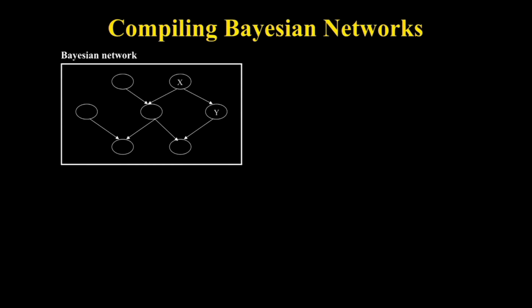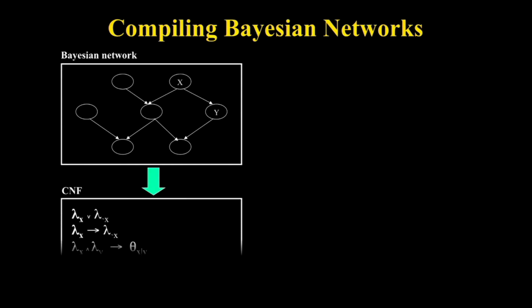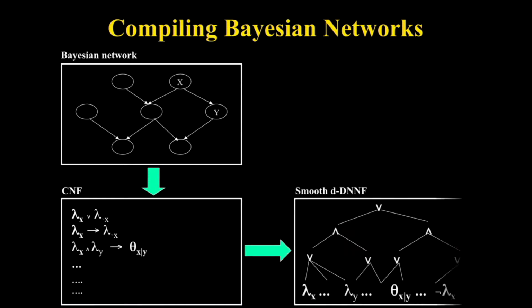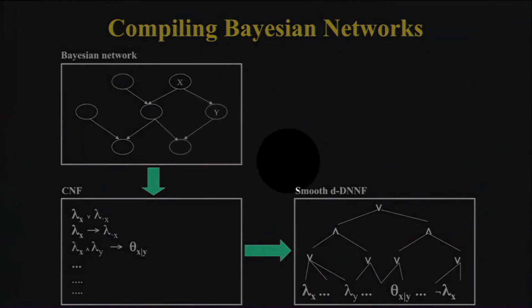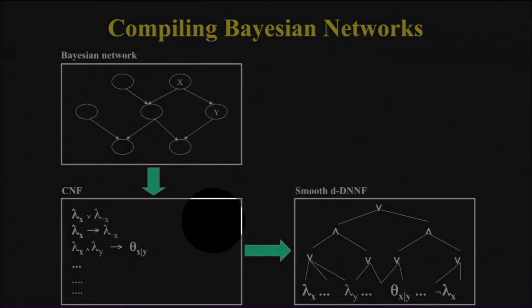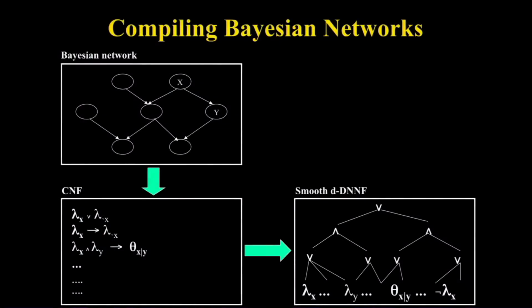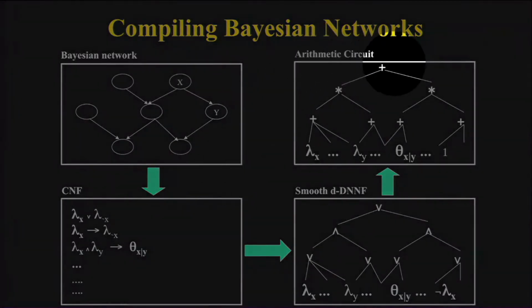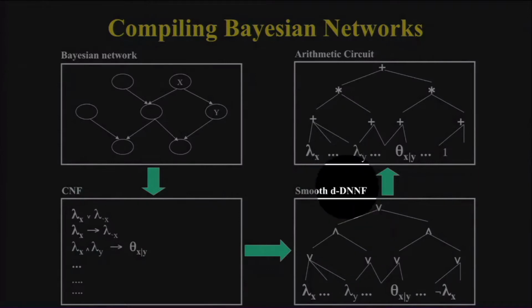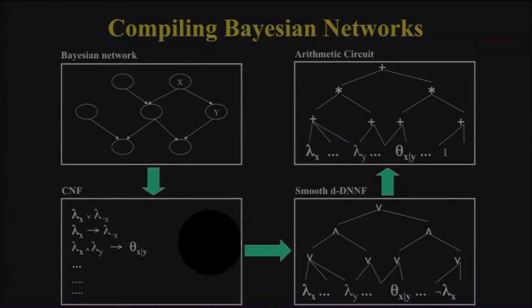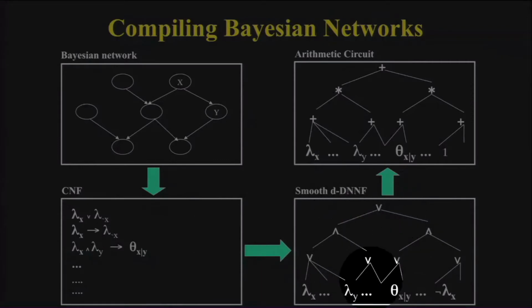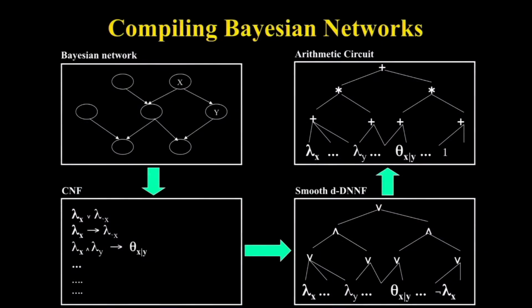But the approach we discussed last time was to basically encode that underlying network polynomial as a CNF, and then we said if you can compile that CNF into a Boolean circuit that's called the smooth d-DNNF, and we didn't say what that is, but if this compilation process is successful, then you can extract an arithmetic circuit from this Boolean circuit, basically of the same size. Therefore, if this compilation process generates a smooth d-DNNF of small size, then you're basically minimizing the size of the arithmetic circuit.